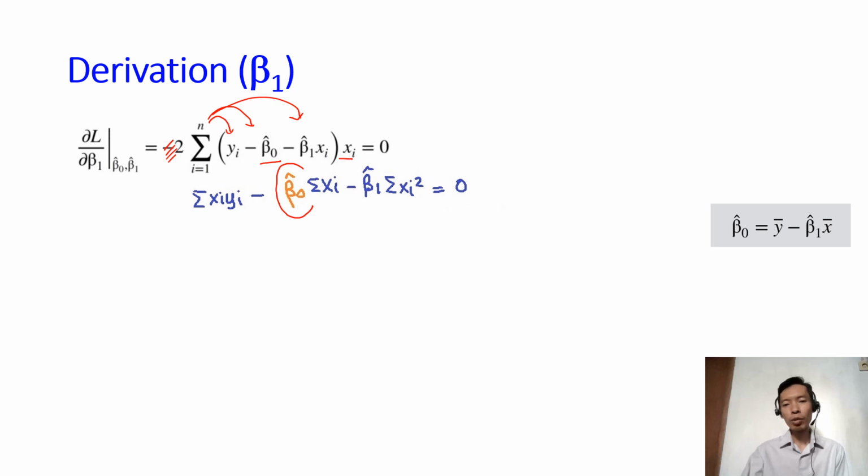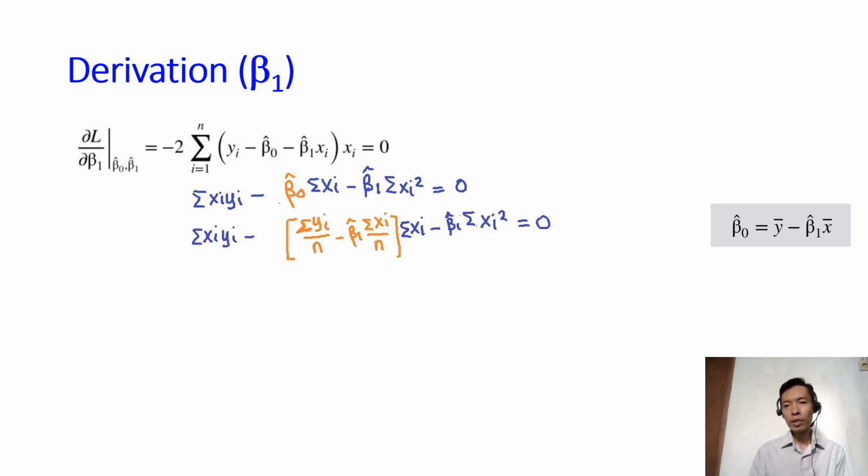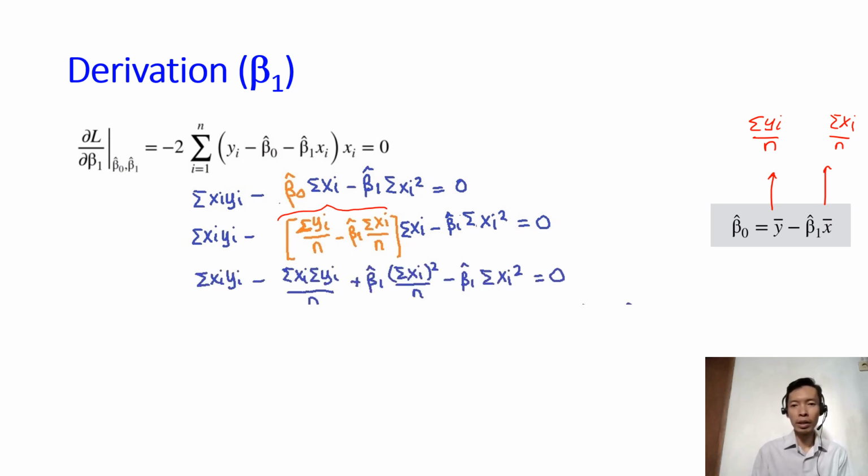And then next we realize that beta 0 is this, which is y bar minus beta 1 x bar, where y bar is sigma yi over n, and x bar is sigma xi over n. So we replace this beta 0 with this thing. Okay, and then the next step, we multiply this sigma xi to the things inside the square brackets.